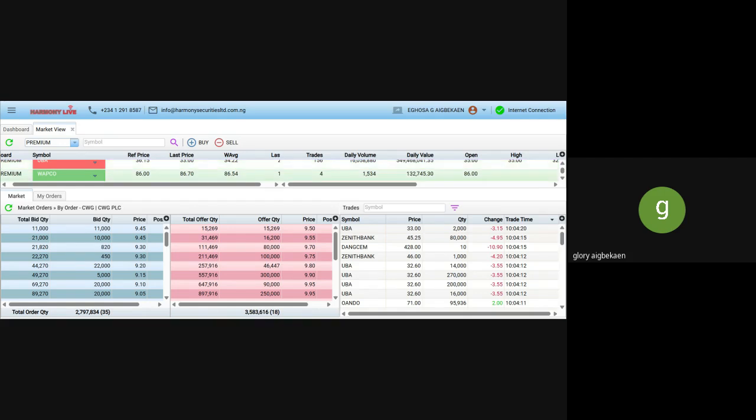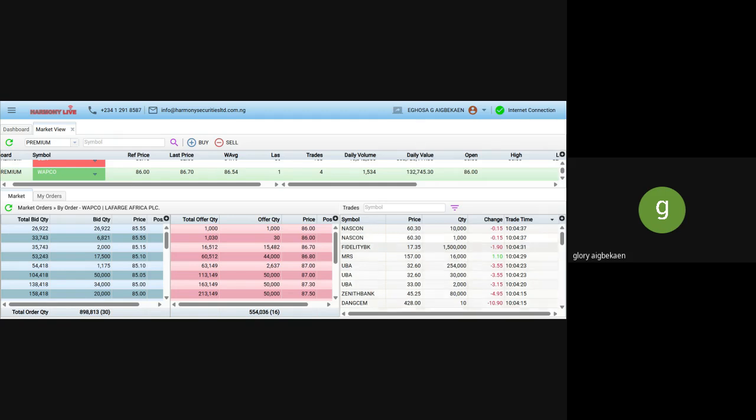Okay, let's look at the order table. The bid is greater than the offer, but it's too early to say that there is a buying pressure.